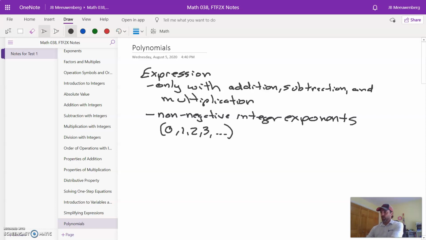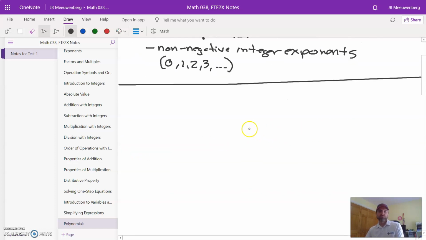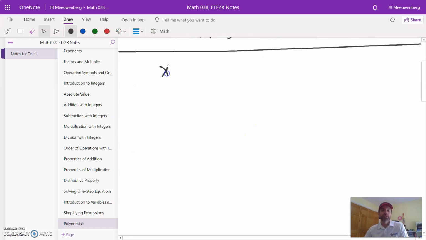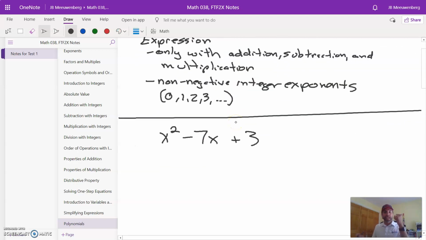We're often going to work with polynomials that look something like this: x to the second power minus 7x plus 3. This is going to be a common looking polynomial. Notice it meets all of those criteria that we just said. It only has addition, subtraction, and multiplication.